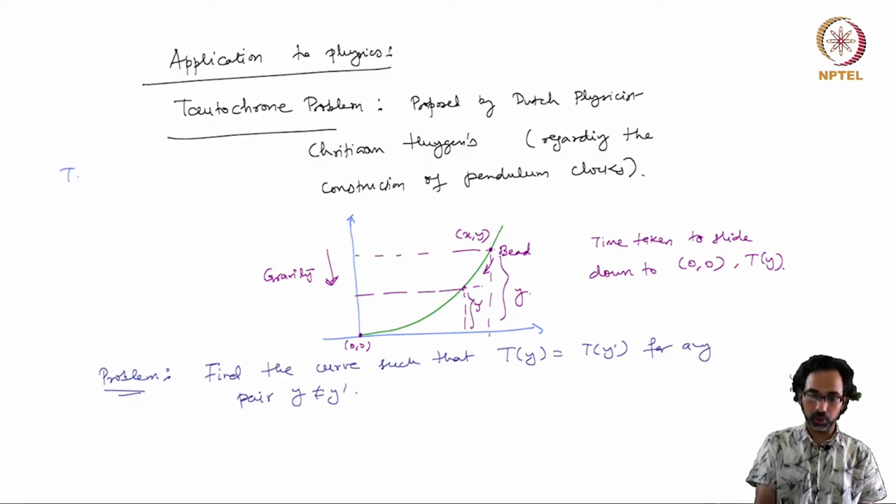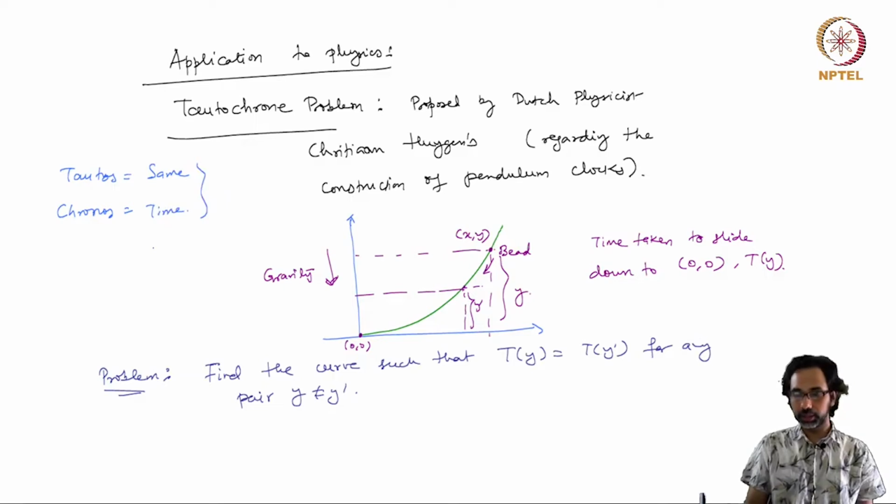Tautochrone is made up of two words: tauto, which is same in Greek, and chronos, which is time. So in the Greek language it means the same-time problem. This is the problem that Huygens proposed, and he also solved it, and he showed that the particular shape of the curve that solves this equation is the cycloid.